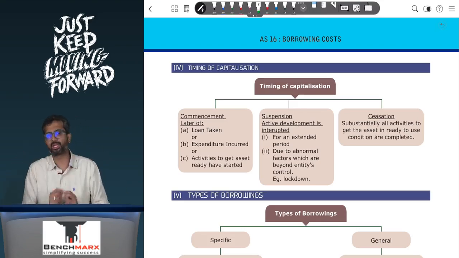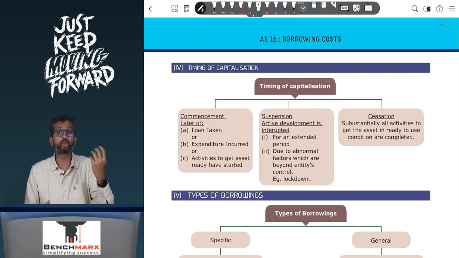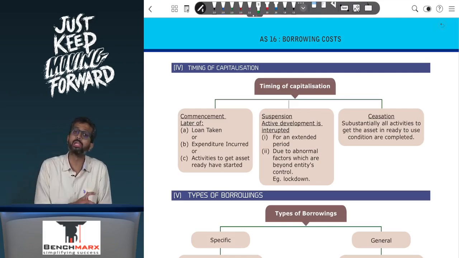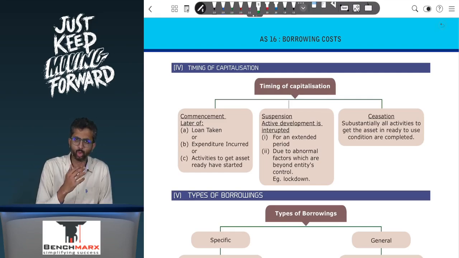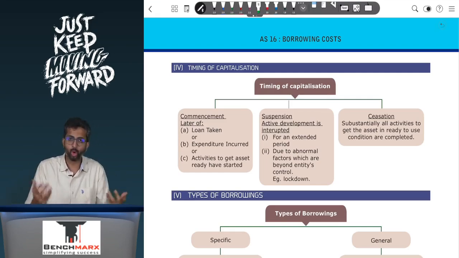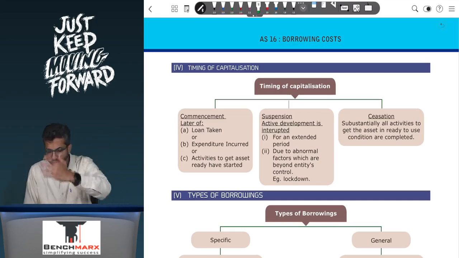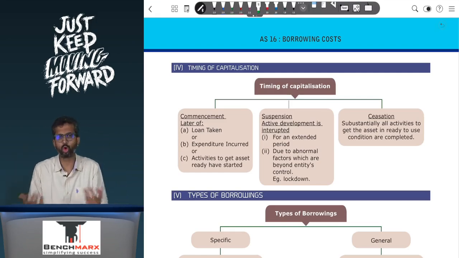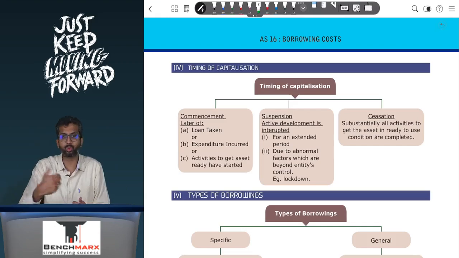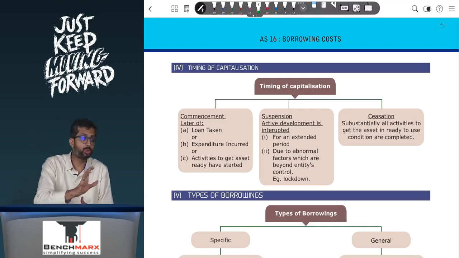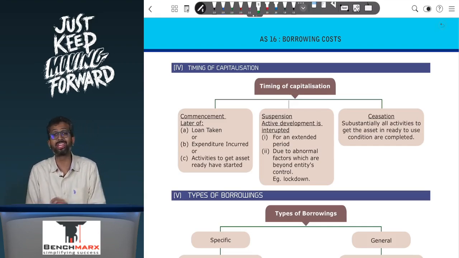Now here there is some technicality. What can happen is, let us say in the year 2020, in your enthusiasm you took a loan. Now you took the loan, interest started, and then lockdown happened, or forget lockdown, you started looking for properties. You thought that you will find a good property, but it was harder than you thought. For 1 full year, you looked at properties, you did not like any of them.